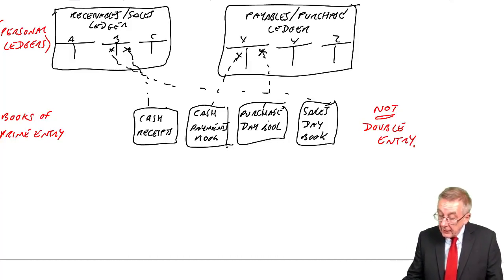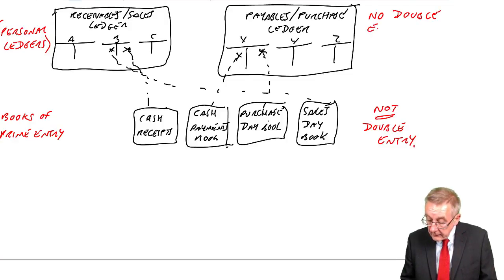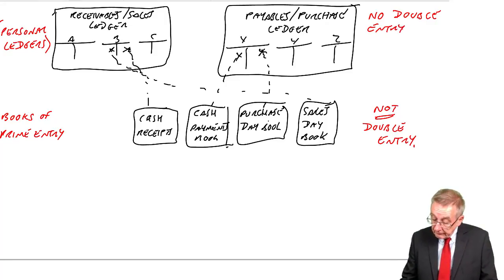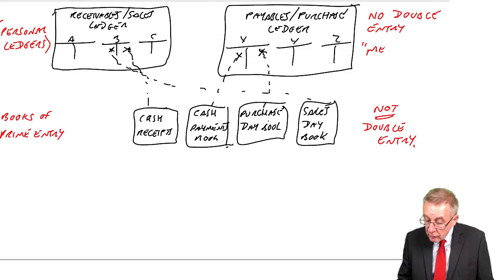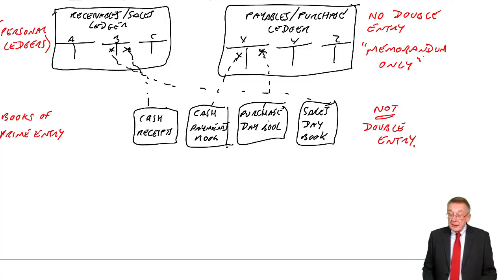Much more importantly, though, again, there is no double entry. Or the other expression, we say they're memorandum only. Memorandum note only. So all of that's going on during the month.